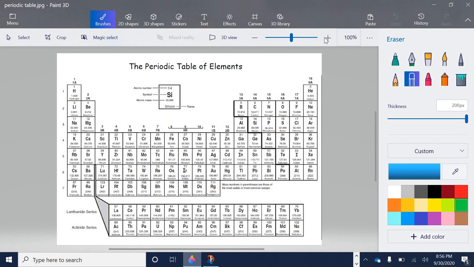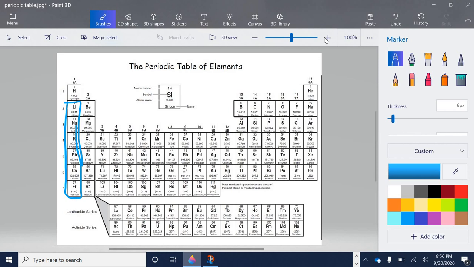Almost everything in the first column is in a family, I keep having my eraser on, is in a family called the alkali metals.